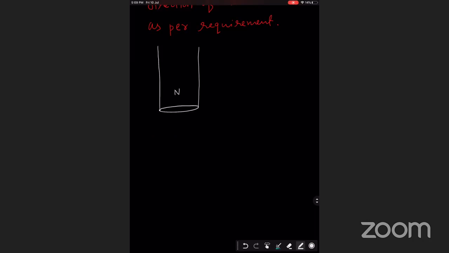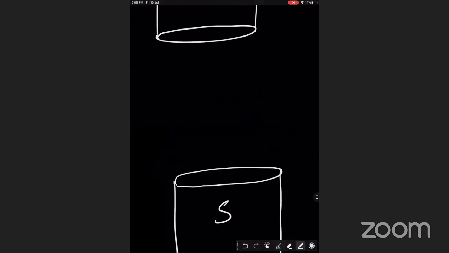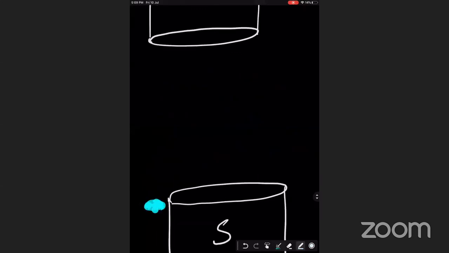Suppose this is North Pole and this is South Pole. Can you see two very big poles? Strong magnetic field poles.